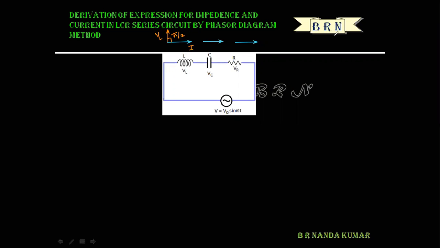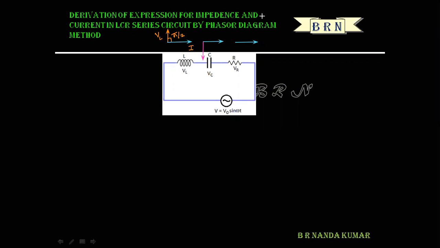Right? So the potential difference across C, that is VC, lags behind the current by an angle pi by 2 radian.